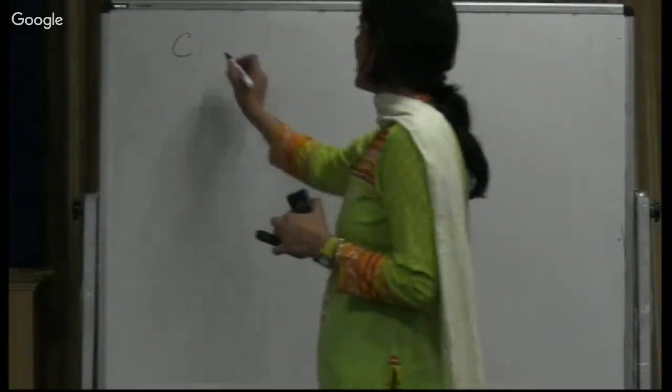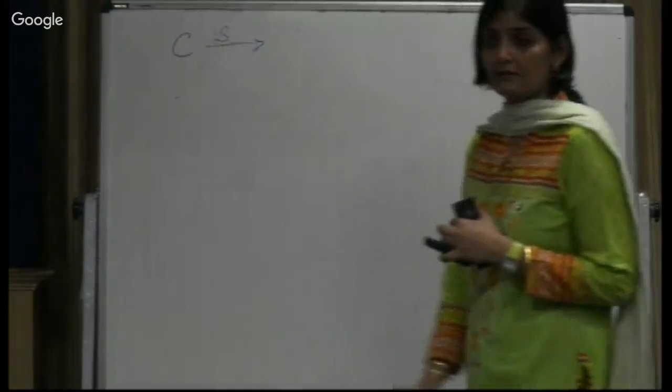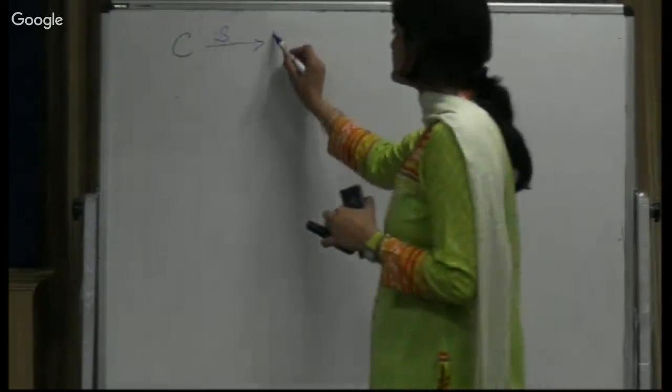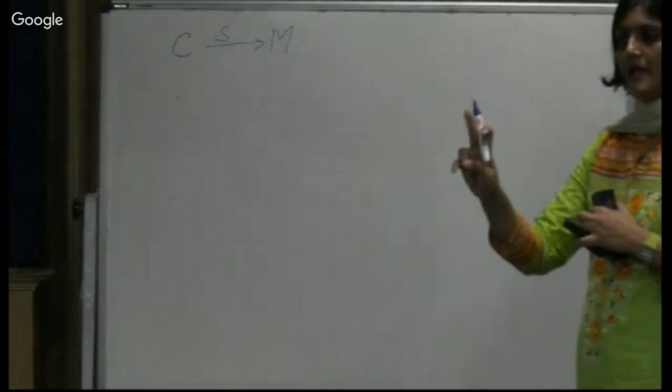Before I discuss this, there is a small mnemonic which I want you to remember. This will help you whenever you're talking of addition reactions of alkenes. And what is that mnemonic? If you have a cis compound, and it undergoes syn addition, it will always give you the meso isomer, CSM.